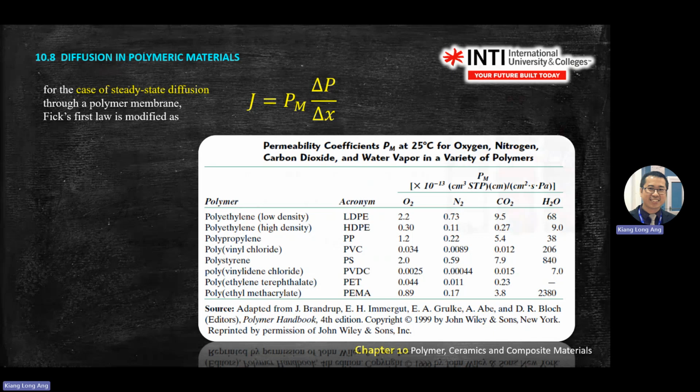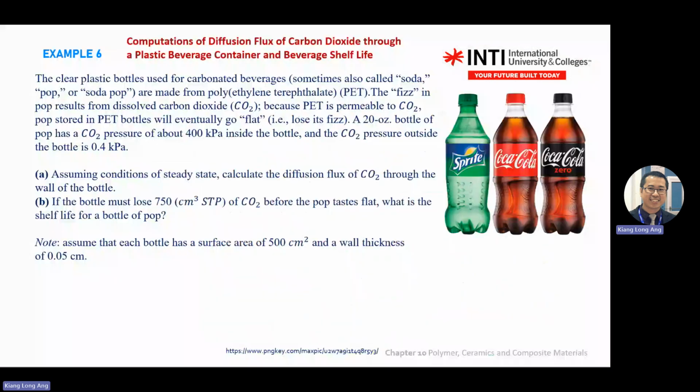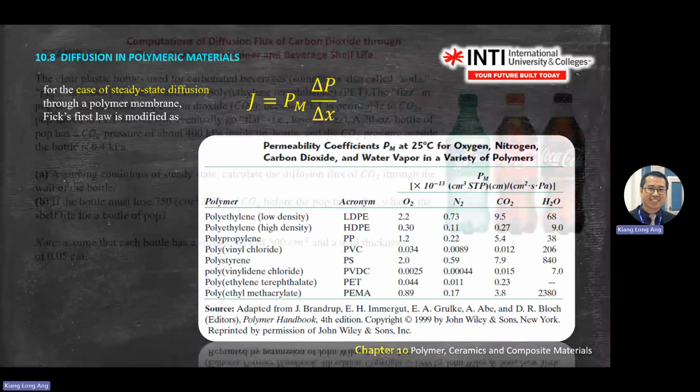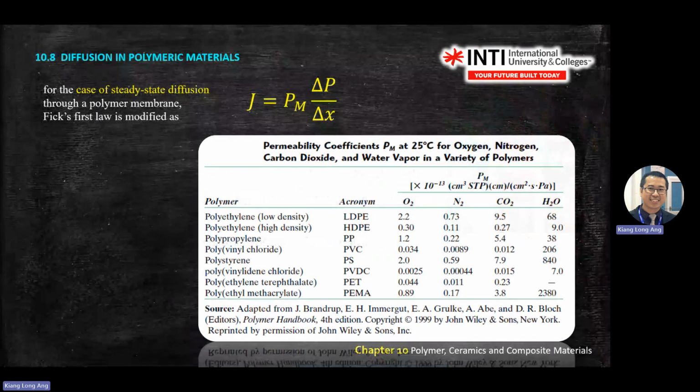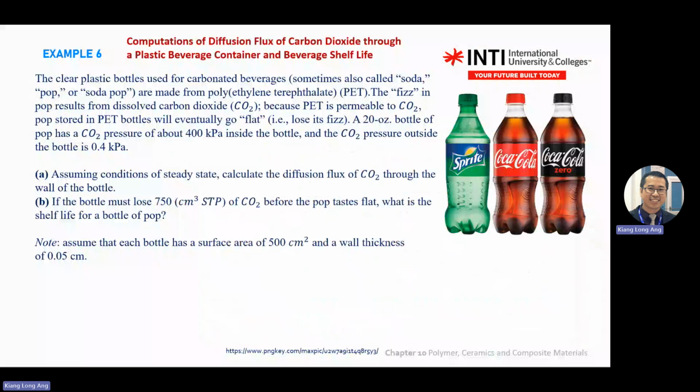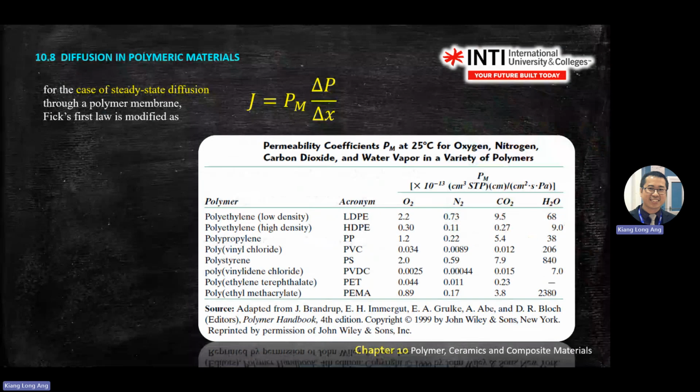Okay. So this will be the last slides. This is a very important table that you need to memorize, right? So what are the uses of this one? We'll use this example.